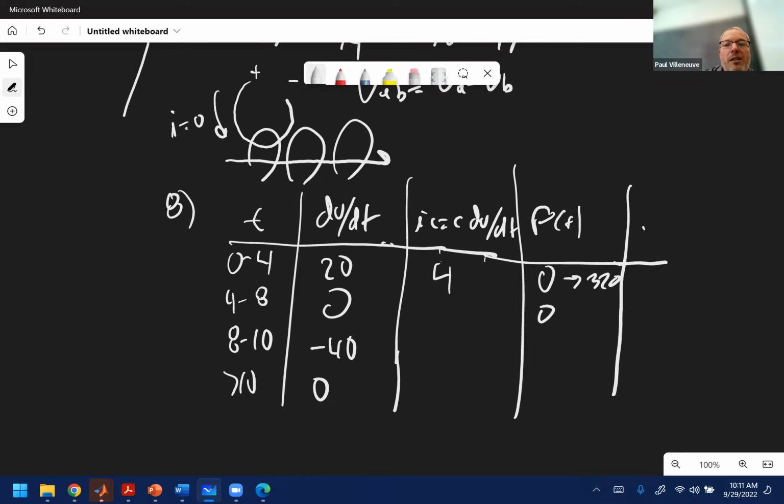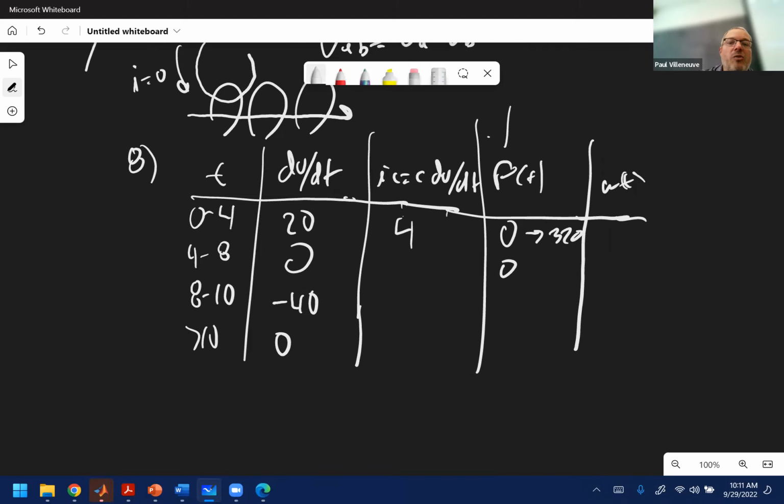Now to do the work, because this goes from 0 up to 320 and it looks like a triangle, this might be worthwhile to actually draw as a graph because you can see it better. When you do the power, you just multiply it, but to get the work, you start out at 0 and then you eventually work out to 1/2 the base times the height. The base is 4, the height is 320. 1/2 of 4 is 2, times 320.